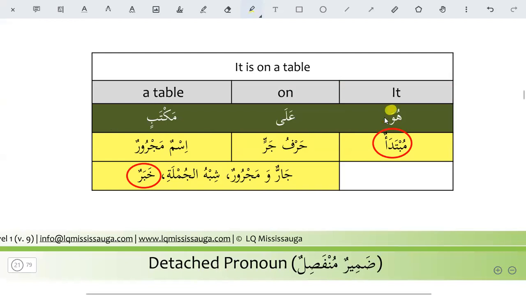Huwa is a pronoun. Huwa ala maktabin. It is on a table. Ala is a preposition, and because of ala, maktabun becomes maktabin. It takes kasra here.